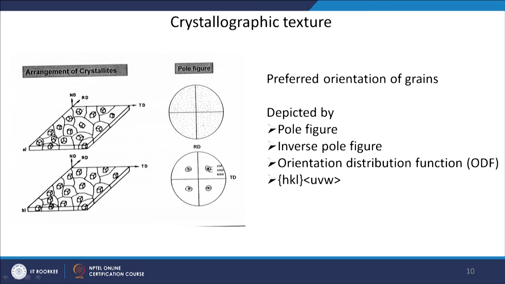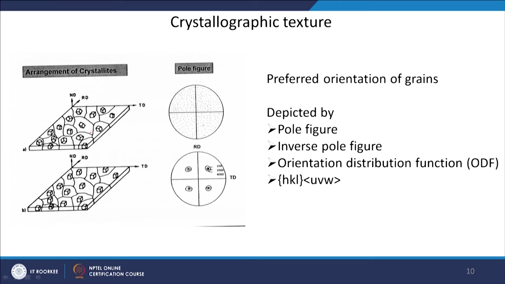Now, let us suppose you have a condition where you have 100 grains, and in each grain the orientation is randomly different. There is no particular type of orientation, all the grains or all the unit cells are randomly oriented.